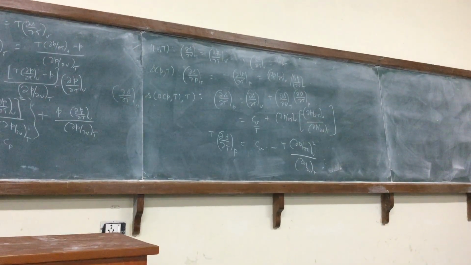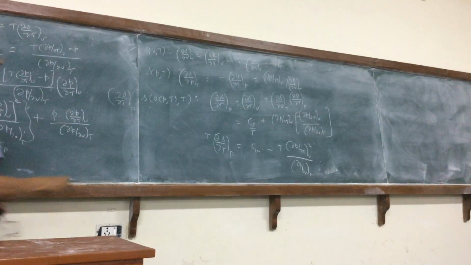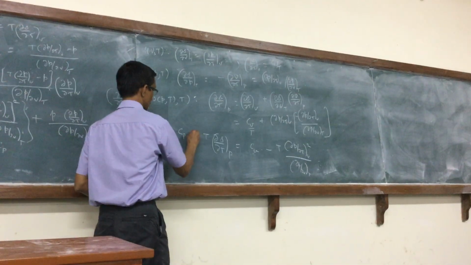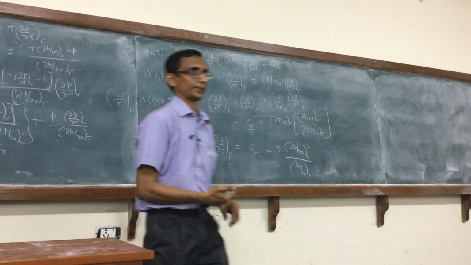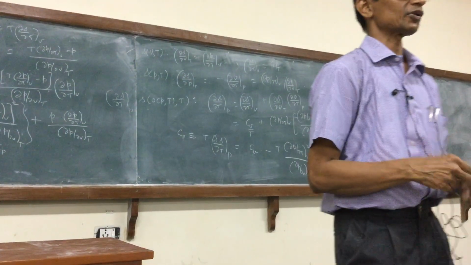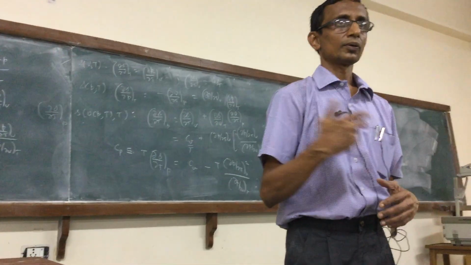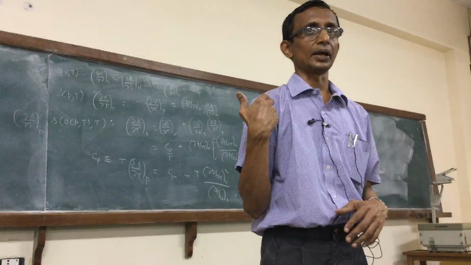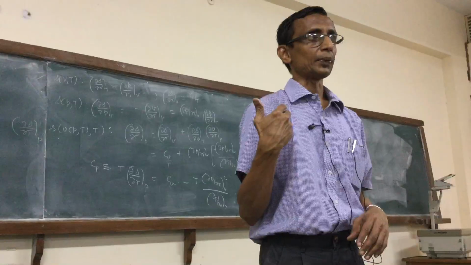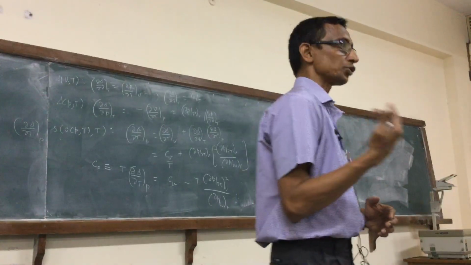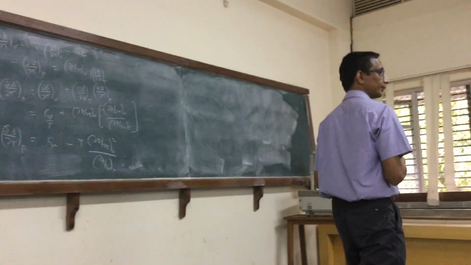So the question is, why should I now define Cp to be given by this? There are many ways in which I can define it, but since it has occurred at this stage, I now define Cp. So you might want to know why that quantity is Cp.